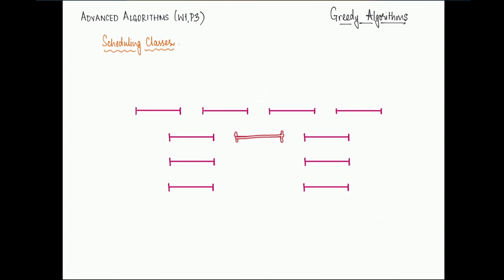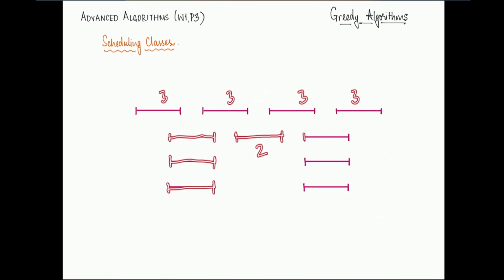So let's put the number 2 next to this class to remember that. Now each of the classes on the top conflicts with 3 classes, the ones that you can see here at the bottom. They conflict with all 3 of them. So each of these classes are seen to conflict with 3 others.